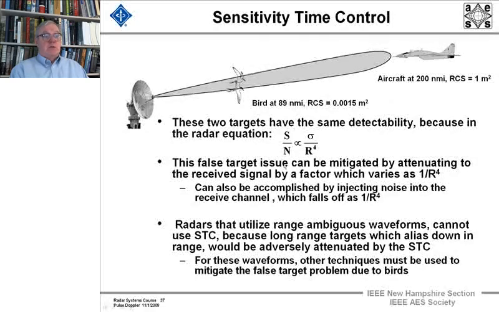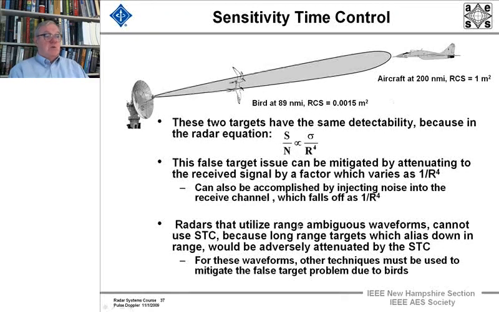Now, this false target issue can be mitigated by attenuating the received signal by a factor which varies as 1 over R to the fourth, and we can accomplish this by injecting noise into the received channel, which falls off as 1 over R to the fourth. And then you have a constant signal-to-noise ratio as a function of range.